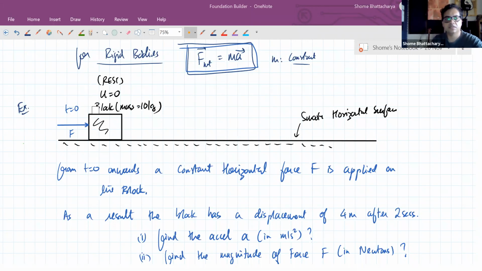Okay, so the block is initially at rest. No, there you have to do the calculation again. It's simple kinematics. Use your regular kinematics equations. Try again.